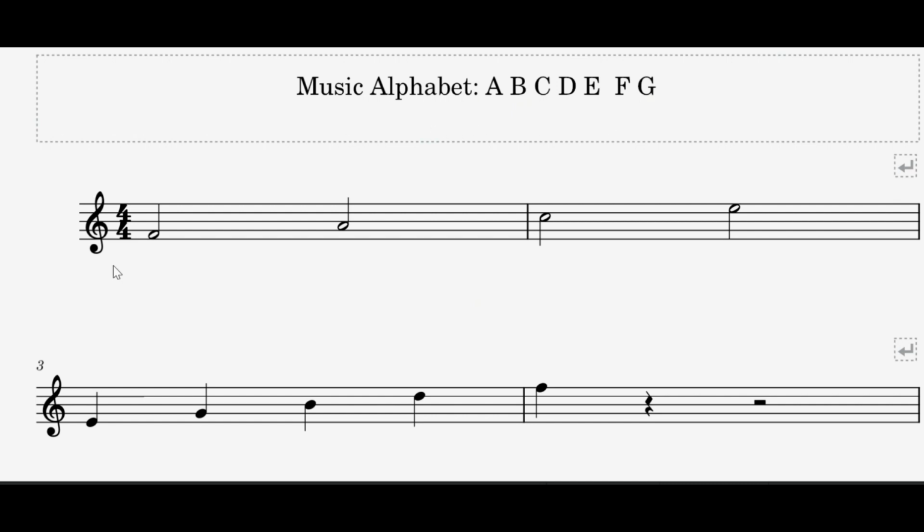And when you have the treble clef, as I said before, it is used for high-pitched notes, notes that are higher. So the treble clef, in combination with notes on various lines and spaces, will dictate what the pitch is going to be.